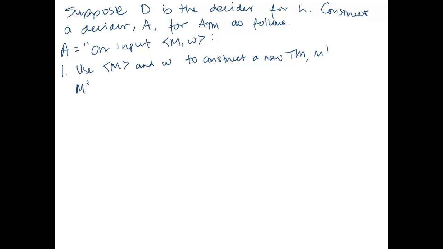That's our plan. M prime takes on input X, where X is a string that represents a number, either even or odd. So on input X: one, if X is even, reject. So we accept no even numbers.